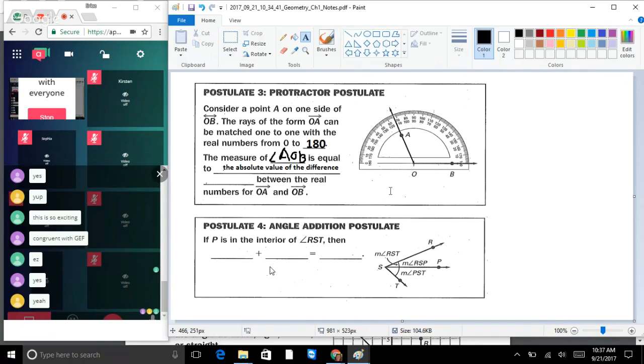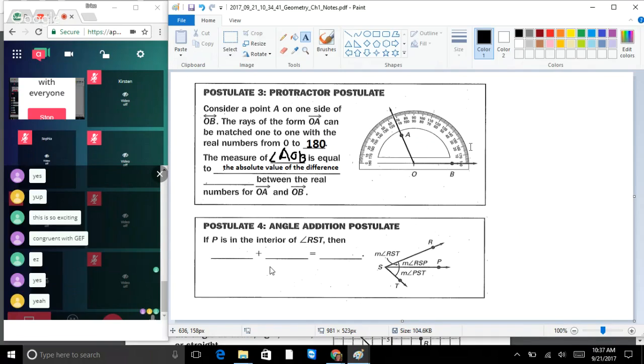So basically, once you fill this all in, this postulate is saying that we measure angles just like we measure lines. The measure of angle AOB is the difference between where ray A is and where ray B is.